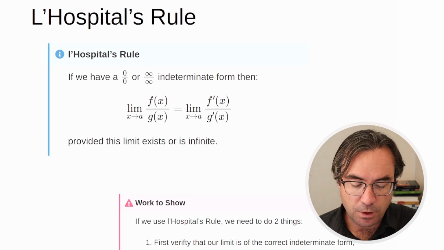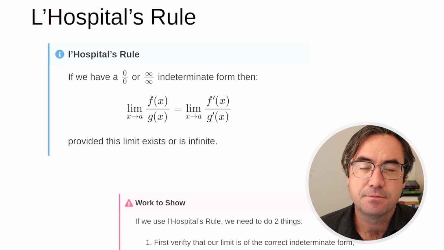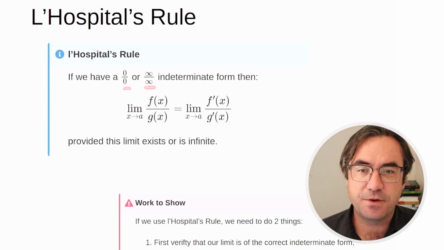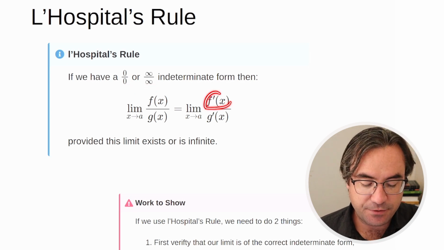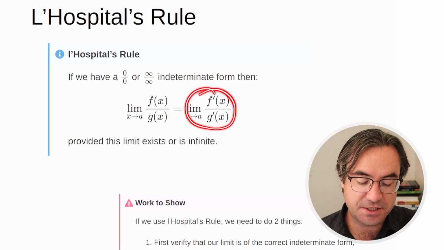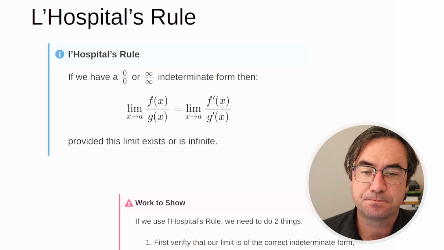So we're going to take a more complicated form, a 0 over 0 form or infinity over infinity form, and derivatives normally simplify things down for us. So this is going to hopefully simplify our limit calculation.